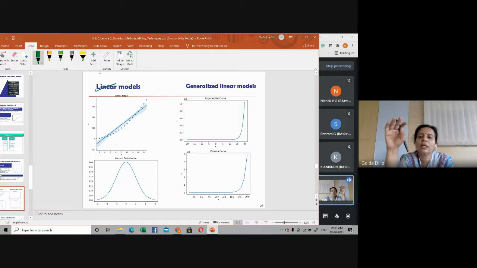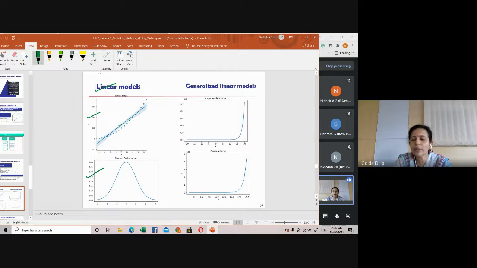The relationship between x and y will generally be linear, as you can see here, a straight line relationship. And the error distribution of the response variable will generally be a normal distribution. That's the reason why we are building a linear model.